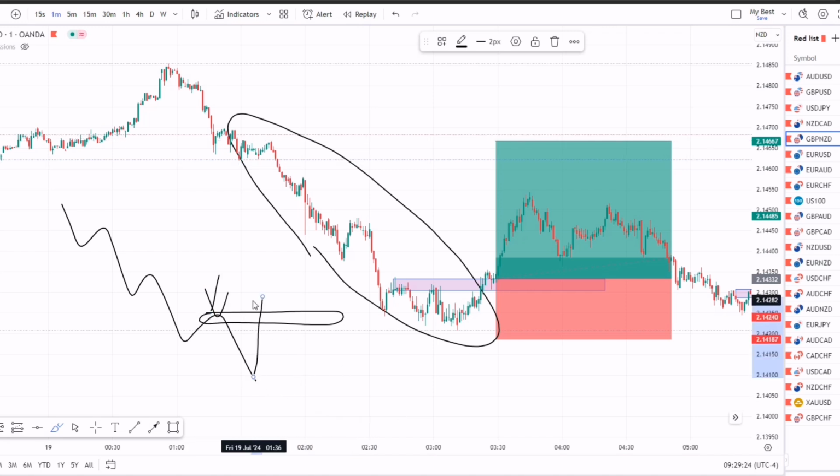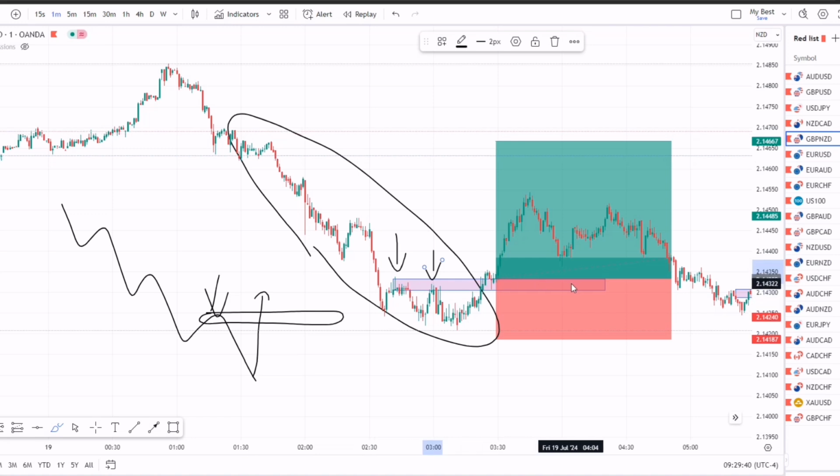You want to see price closing above in a full candle. That's all, and that's what happened right here. One can say that was the last key level, another one can say that was the last key level. Bottom line, price closed above both of them, and then I placed the trade.